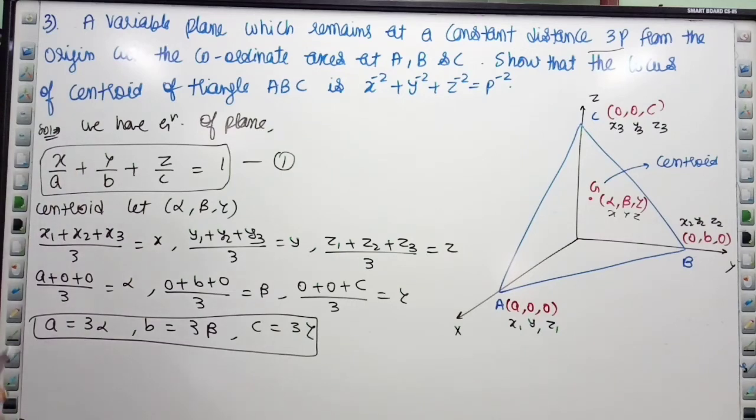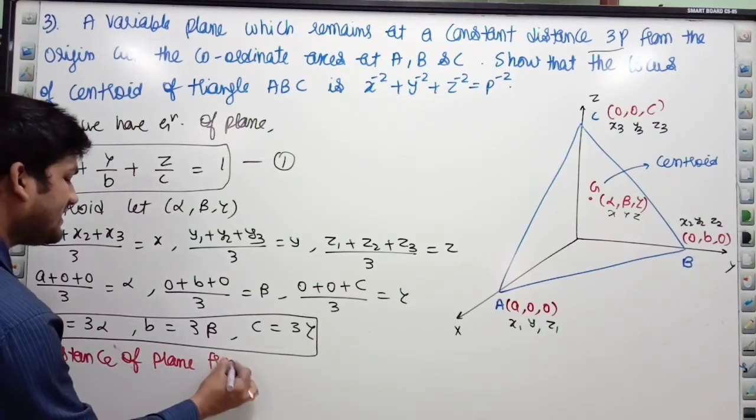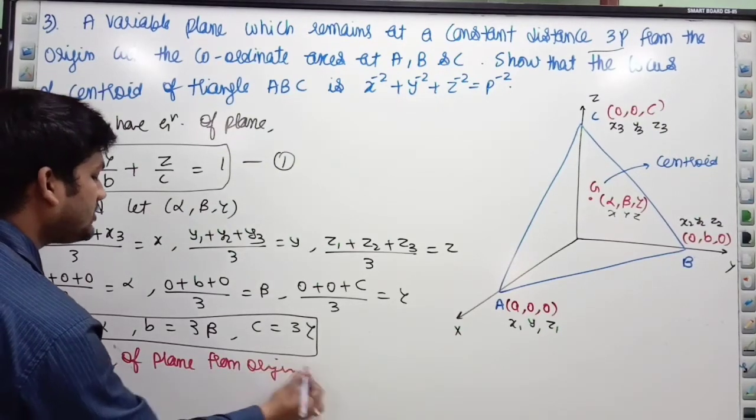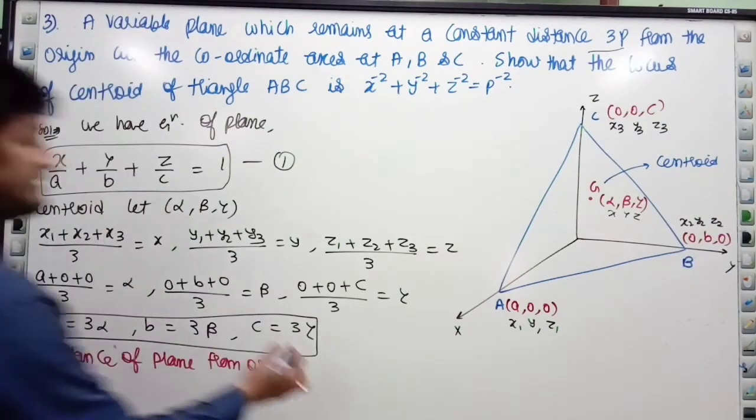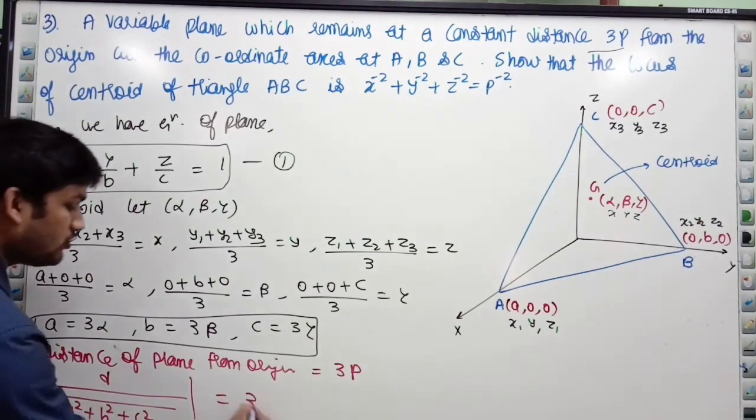Now you tell me, if I want to write distance of plane from origin, that is given as 3p. 3p दिया हुआ है ना हमें. So what is the formula for distance of plane? d upon under root a square plus b square plus c square is equal to 3p.